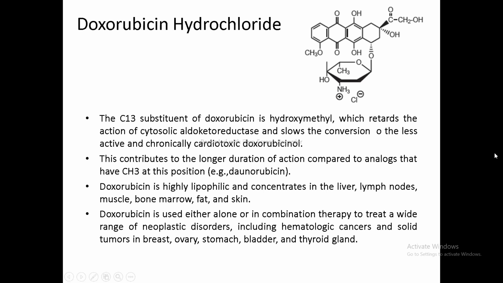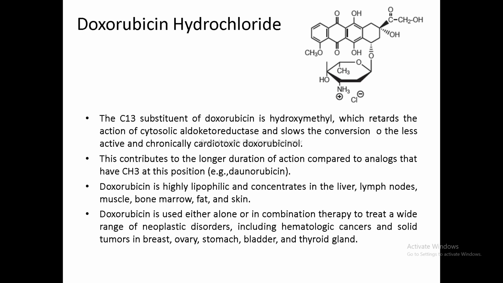So this doxorubicin drug has a hydroxymethyl group at carbon number 13, which retards the action of the cytosolic aldoketo-reductase and slows down the conversion to the less active and chronically cardiotoxic doxorubicinol.